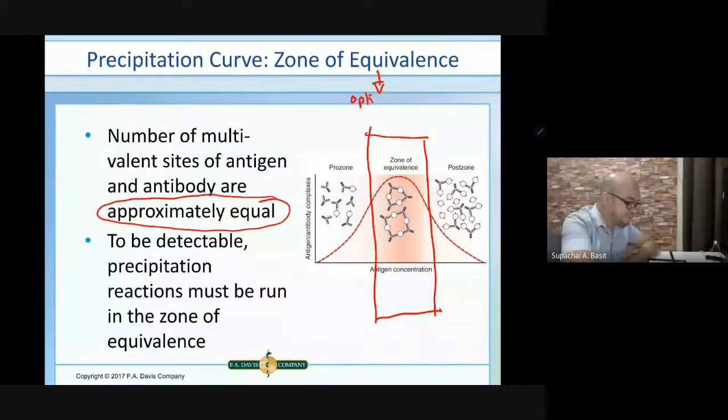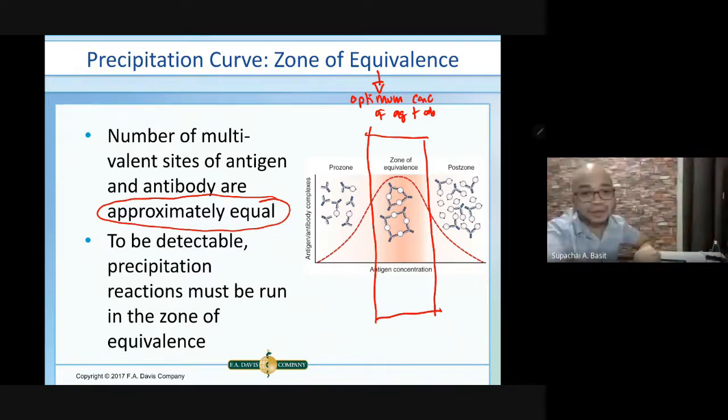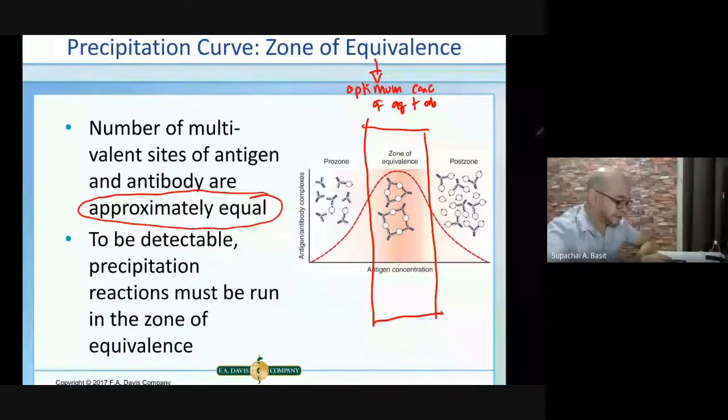So when you say approximately equal, there is an optimum concentration of antigen and antibody. If there is an optimum concentration of antigen and antibody, you have already achieved the zone of equivalence. However, there is what you call prozone.